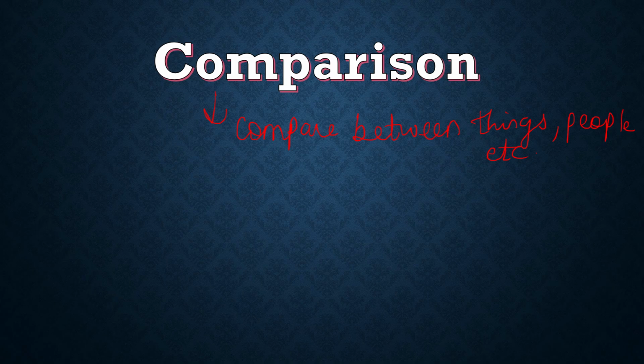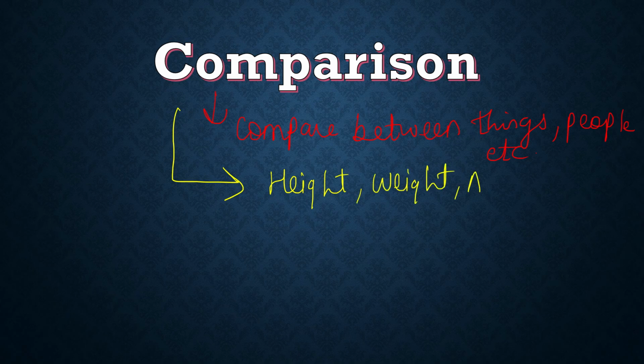You compare with respect to height, weight, ages, and so on. So you can either compare two people based on their height, their weight, their ages, etc. The question will be framed in terms of a passage.